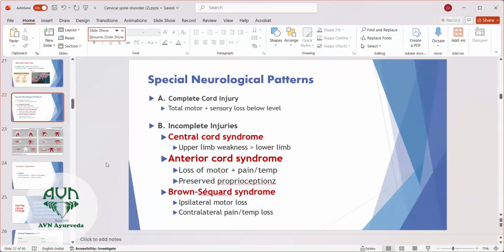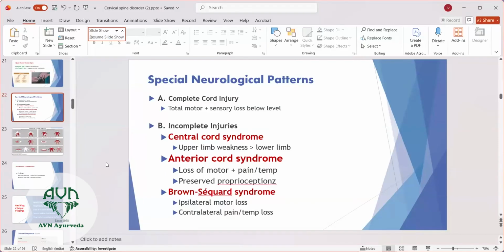In anterior cord injury, the proprioception sensation is preserved while motor function, pain and temperature sensation are diminished.